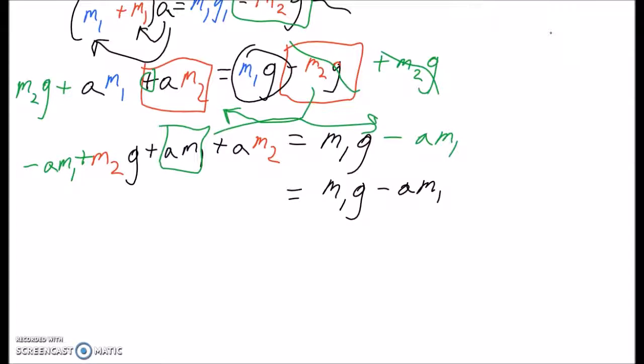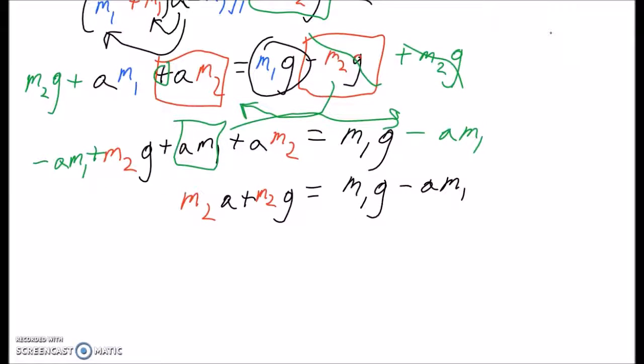Looking pretty good. A plus g here. I'm just writing it out now that we've canceled out this part and this part, taking the two equations and bringing them down.